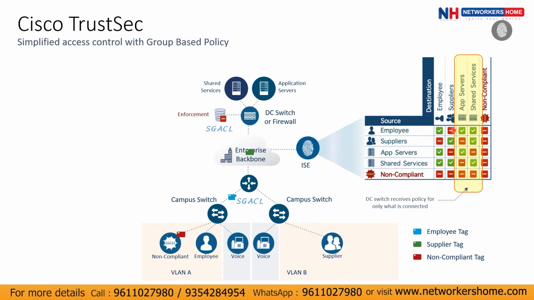You can see employee to non-compliant is denied, and shared services to non-compliant as well. Likewise, you can create any sort of segmentation and permit-deny combination. Within a VRF, you can deny, and between different VRFs, it is denied by default, unless and until you do route leaking.